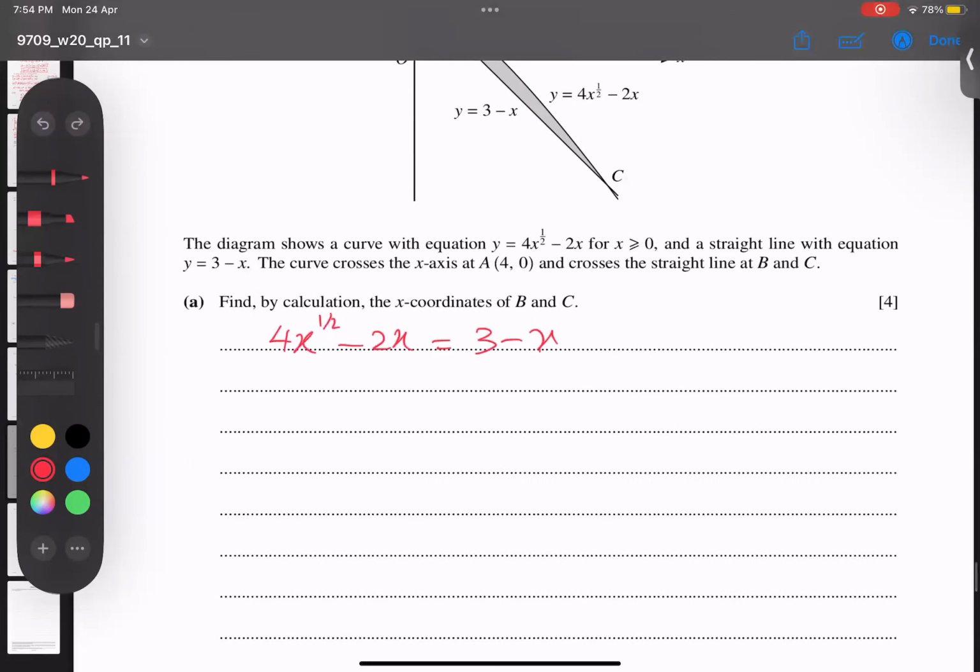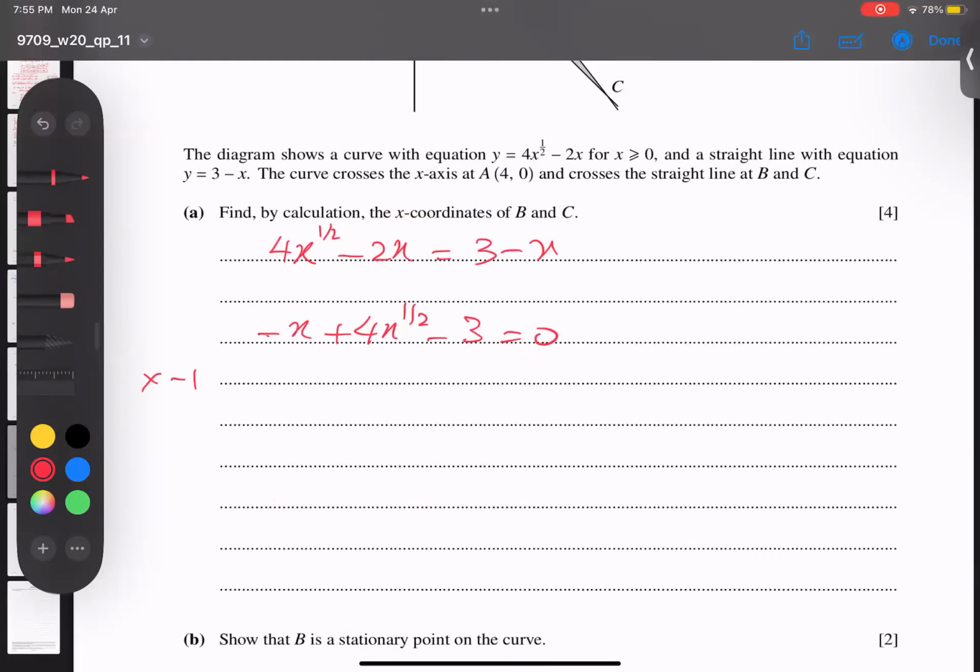Now bring this x to this end. So it becomes, this goes there, I get negative x plus 4x to power half and minus 3 equal to 0. I multiply by minus 1. What is the logic behind it, you'll come to know afterwards.